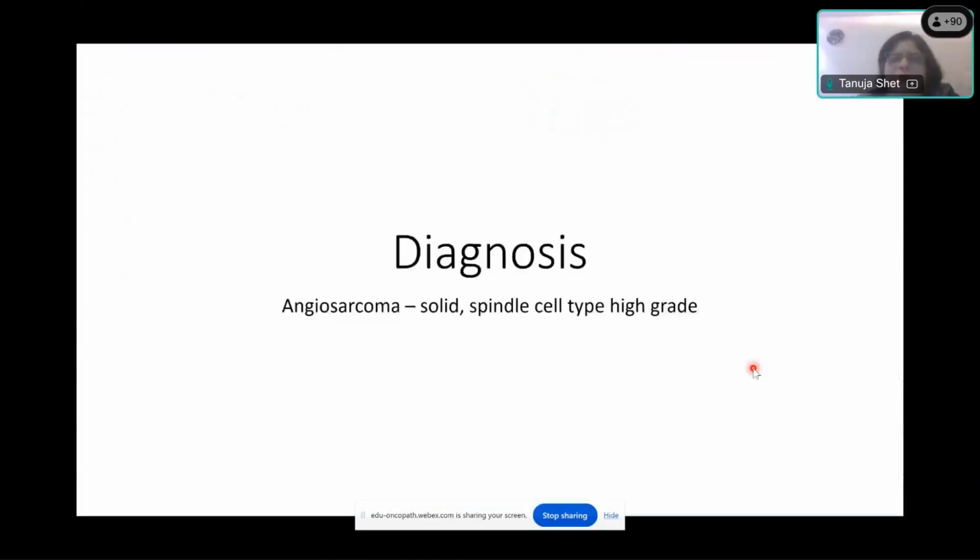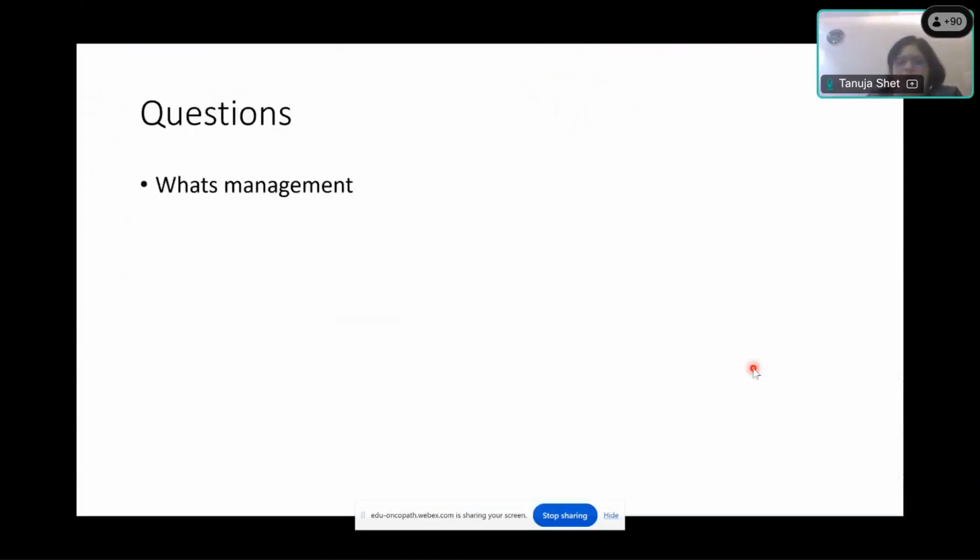Yes. First and foremost, I'm going to counsel her that the prognosis is not going to be great for this. It is going to be a wide excision, in terms of a mastectomy. Although there are very few chances of anything spreading to the lymph nodes, I'm going to sample the lymph nodes.